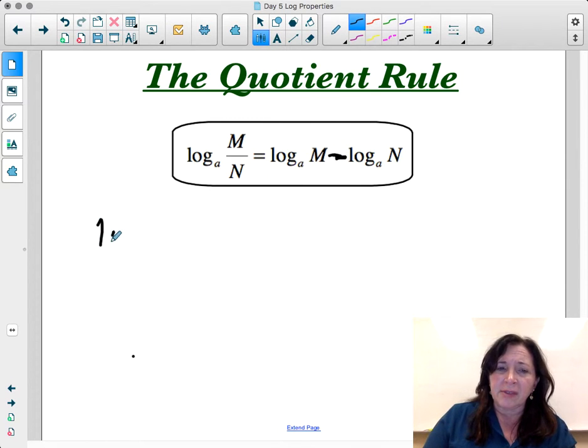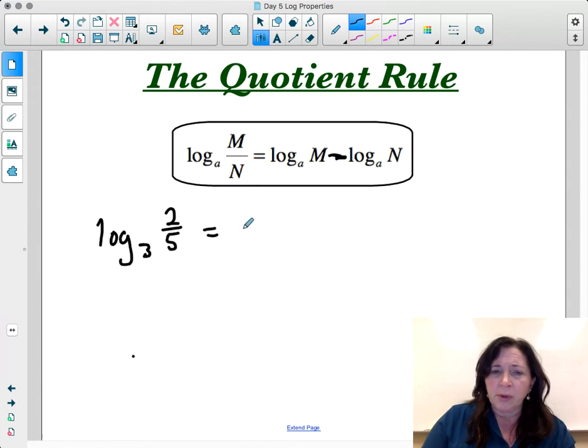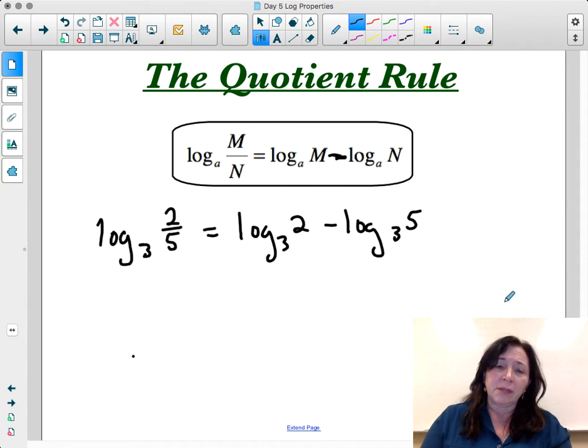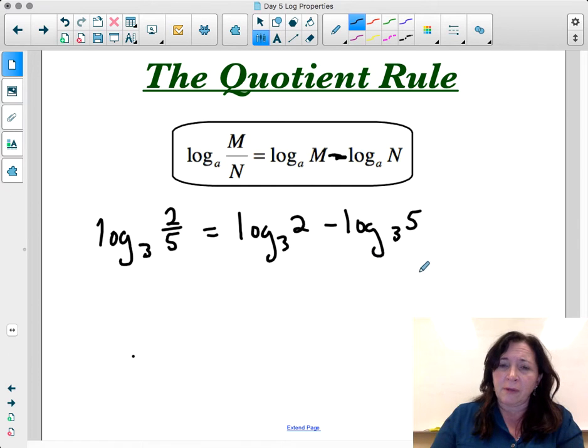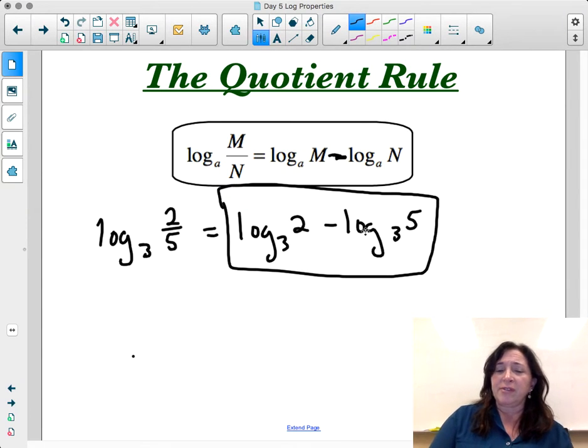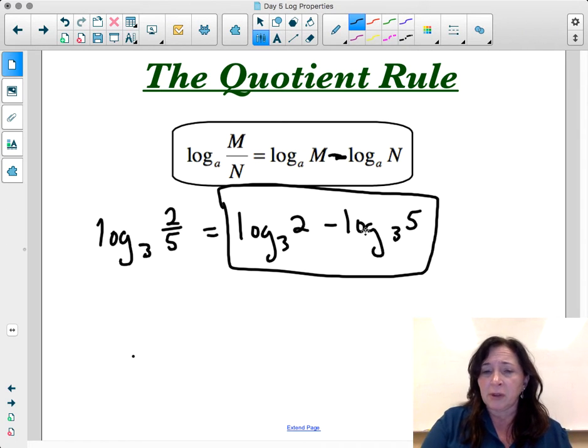So basically, if you have log base 3 of 2 over 5, you can rewrite that as log base 3 of 2 minus log base 3 of 5. And then you're done. Unless you have a calculator and can solve it, that's actually what they would be looking for. Now, occasionally you'll see other problems where they give you the values of log base 3 of 2 and log base 3 of 5. If they do that, then you plug those in.